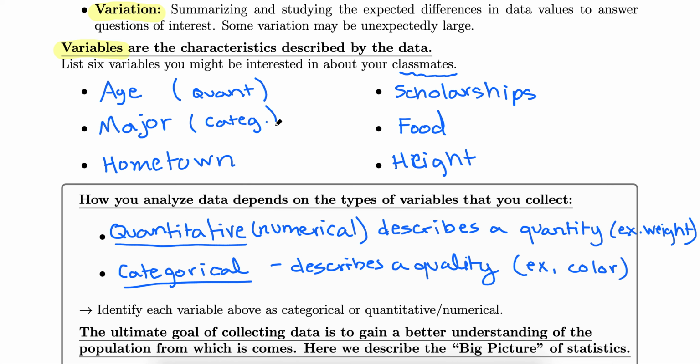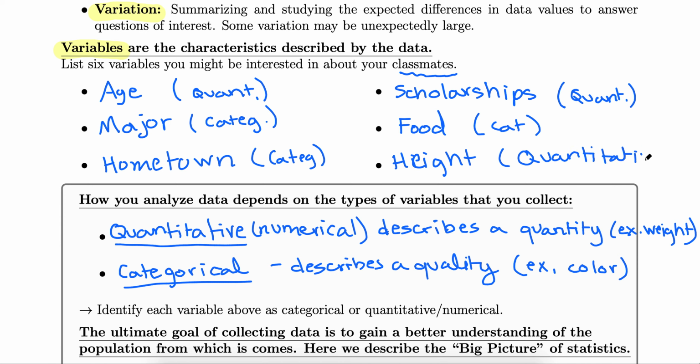I'm just going to abbreviate these if that's okay. Hometown, right? Categorical. How much money you have in scholarships, quantitative, if we're talking about the amount of money. Your favorite food, probably categorical. And then height, quantitative.